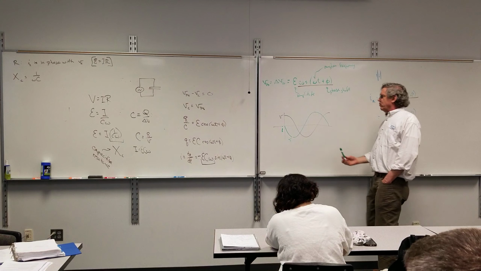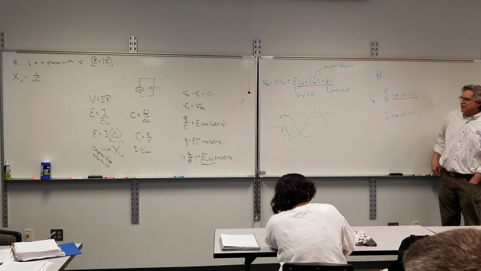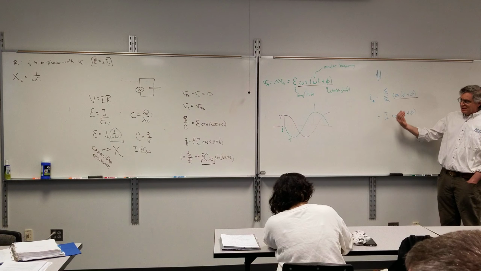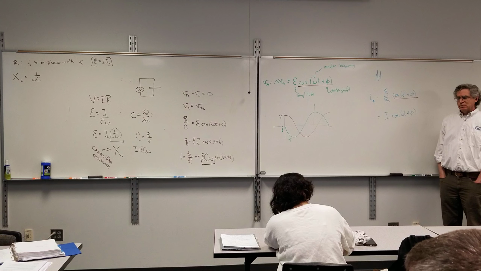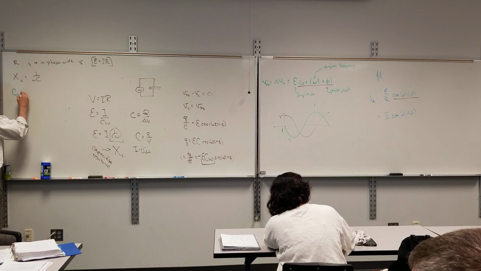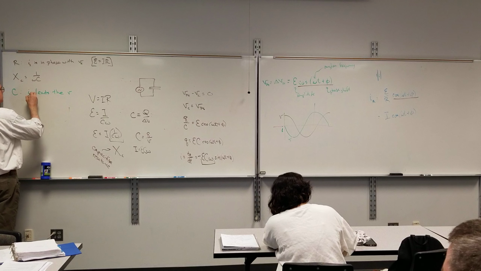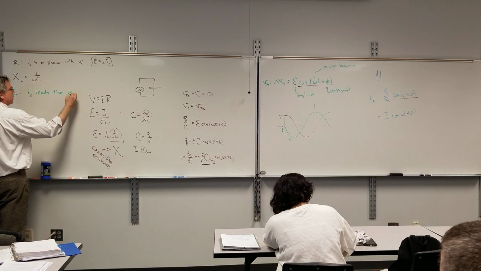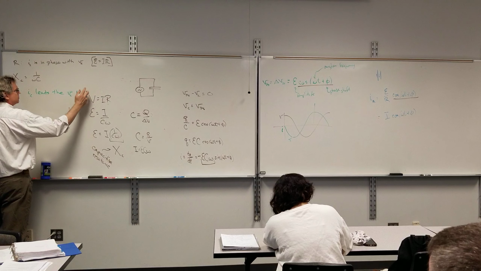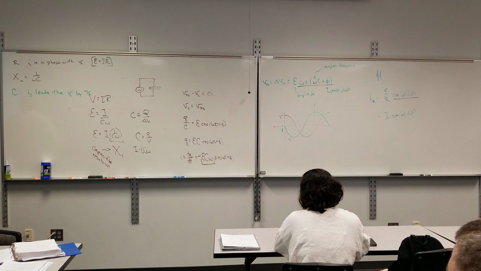If you'll notice, as time progresses, the current is peaking, and then sometime later, the voltage peaks. So for a capacitor, the current leads the voltage, by 90 degrees or pi over 2. Again, the importance of that will come in later.